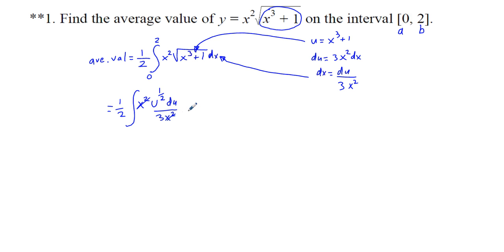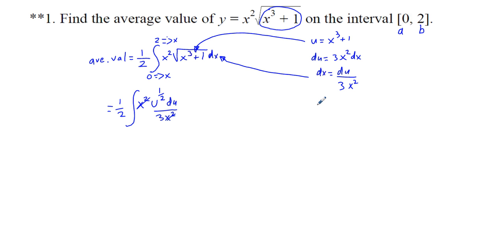But there's one remaining item of business we need to take into account before we can continue, and that's to change these limits. These limits right here are in terms of x, 0 in terms of x, 2 in terms of x.